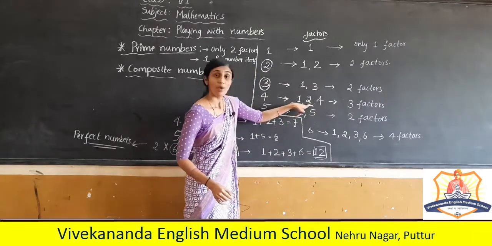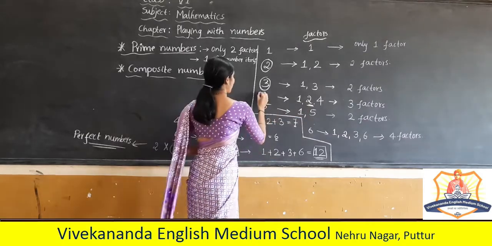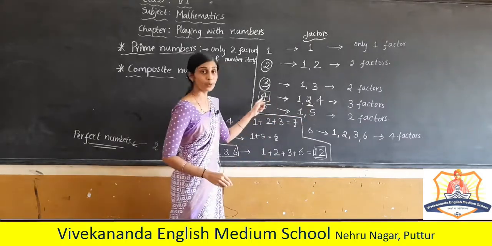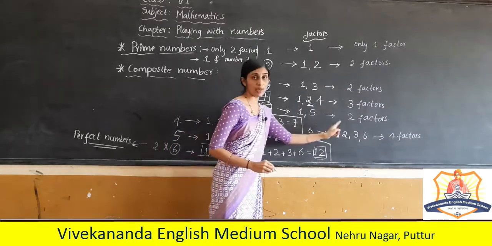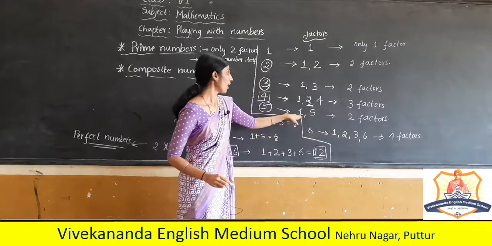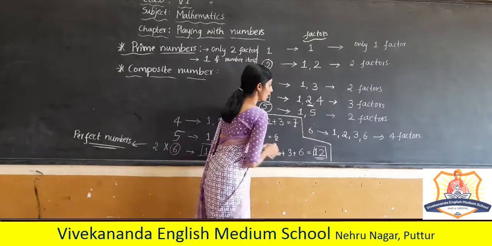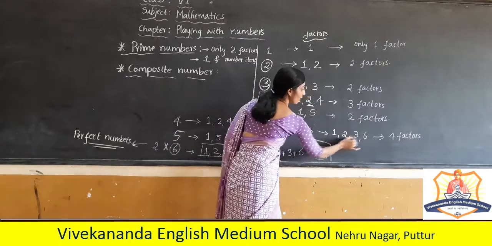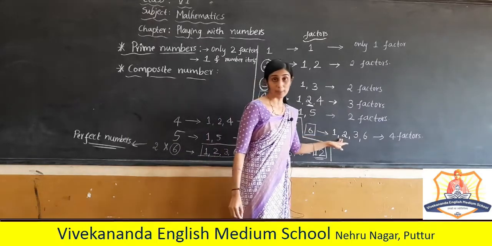So, such type of numbers are called composite numbers. 5 is the prime number. It has 1 and the number itself as its factors. 6 has 4 factors. So, it cannot be the prime number.